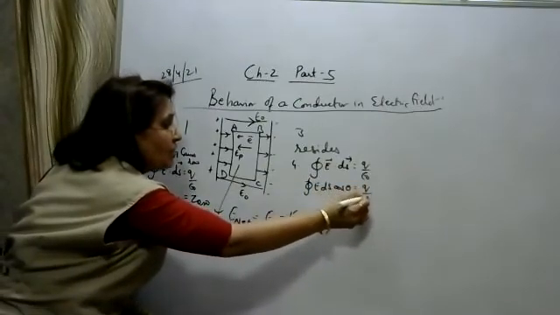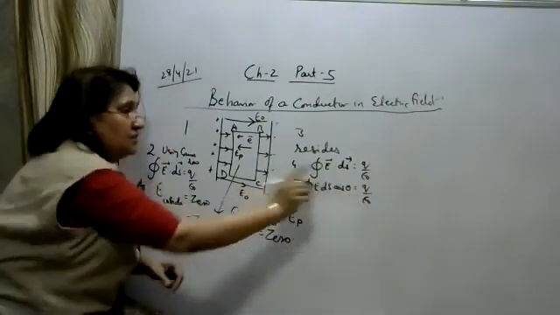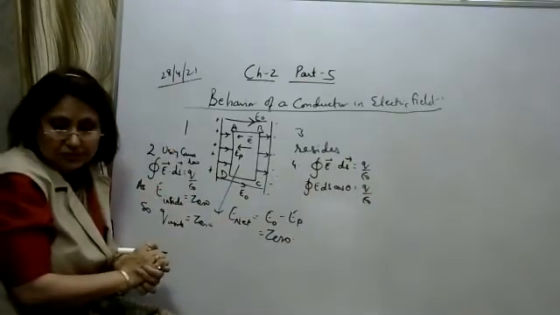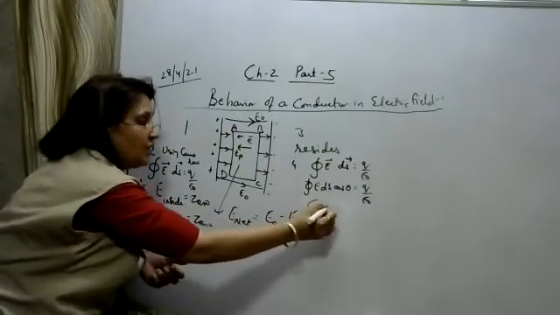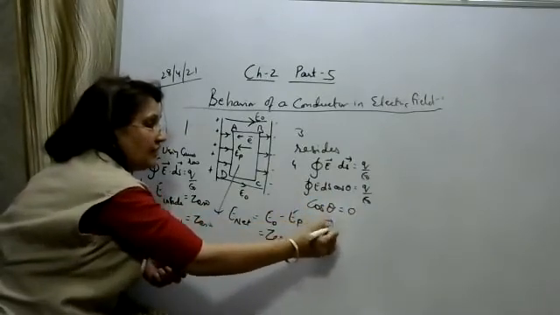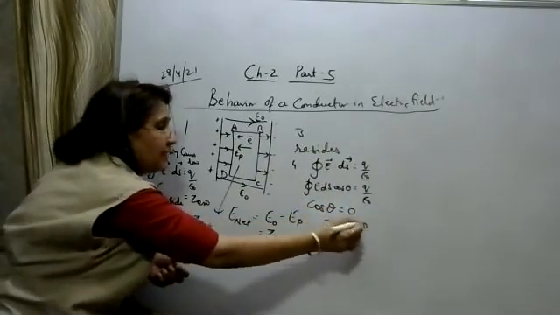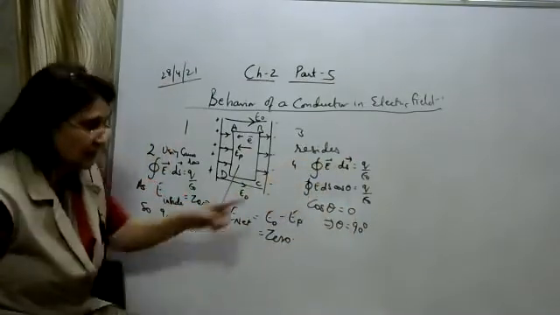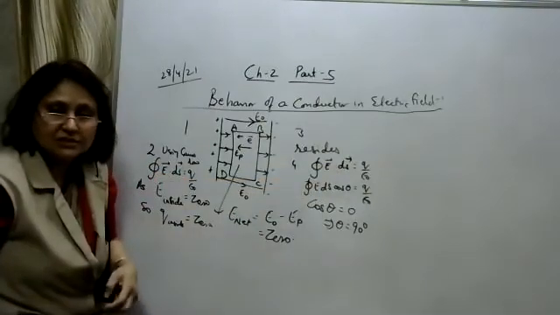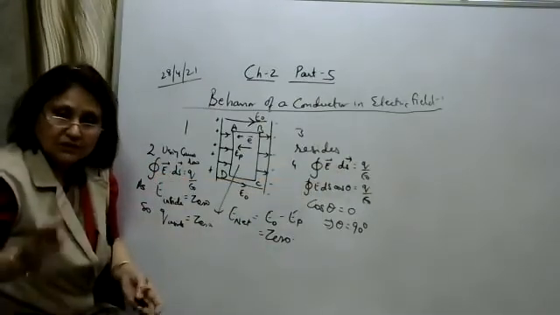E cannot be 0, ds cannot be 0, so cos theta is 0. That is, theta is equal to 90 degrees, so the electric field is perpendicular to the surface. E is perpendicular to ds.